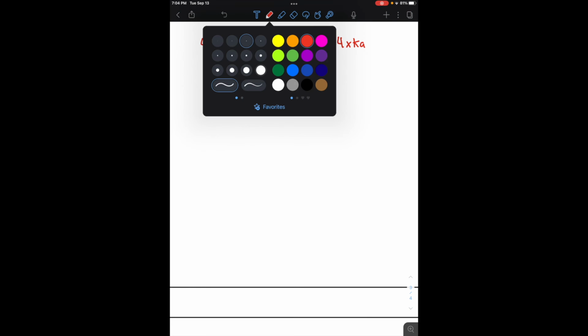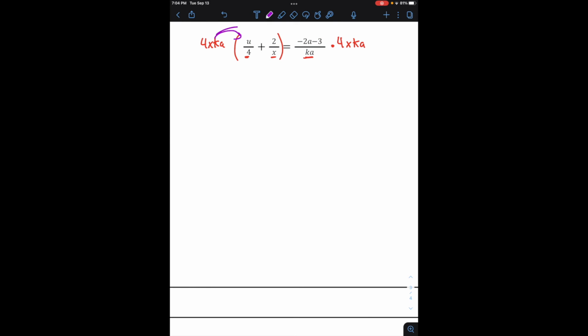Okay. Now if we look to distribute that, here we get 4xka times u. So 4xka plus 2 times 4 is 8xka. And then our denominator, this is over 4.